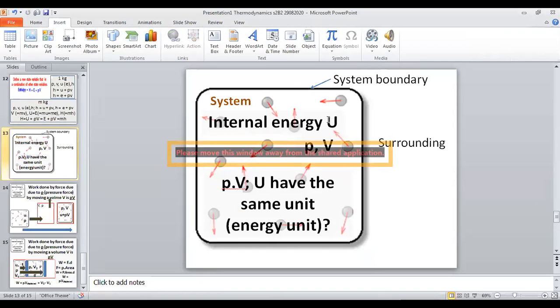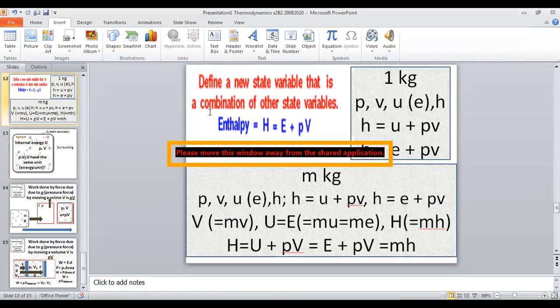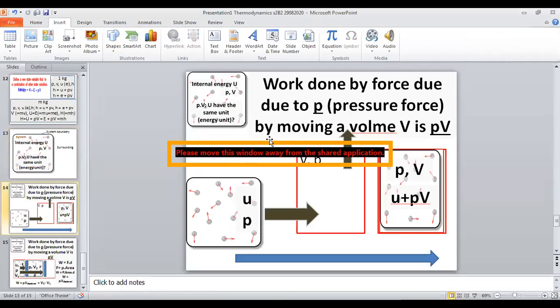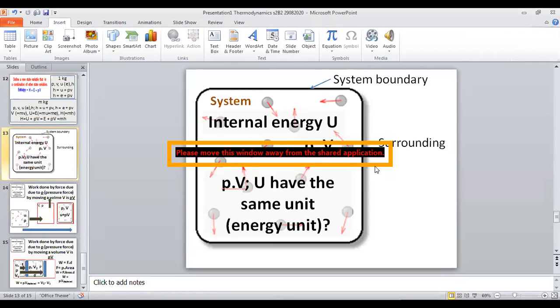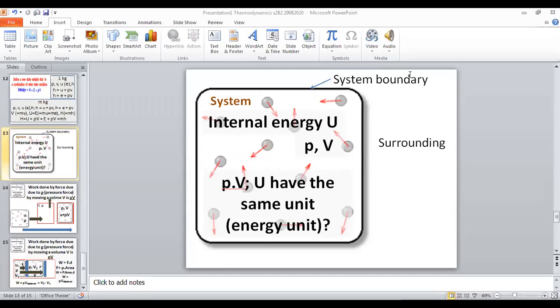So you can see internal energy U, pressure P, and big V for the volume.